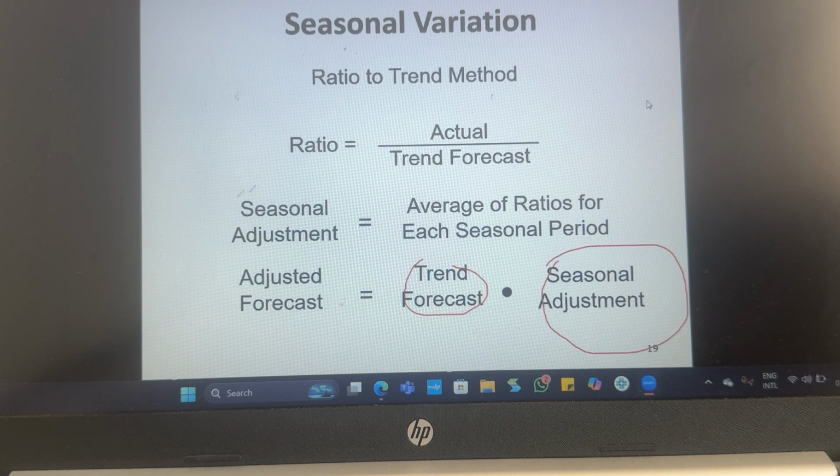For example, for the first quarter seasonal adjustment, we already got, according to your calculation, 0.997, right? So you multiply the trend forecasted value by the seasonal adjustment to adjust it for seasonal variation.